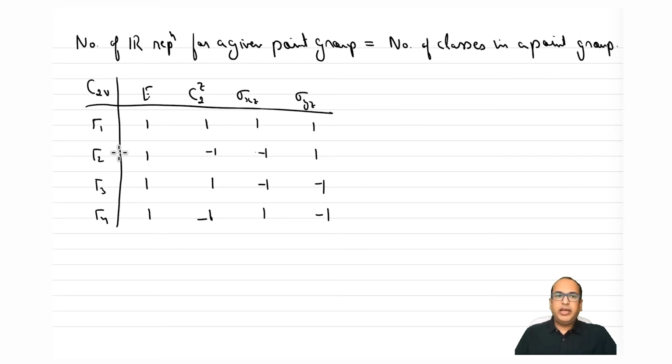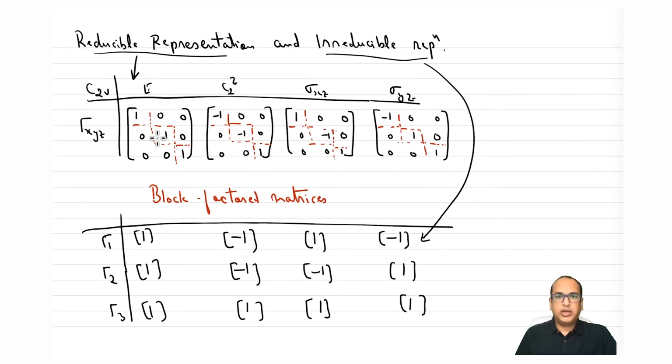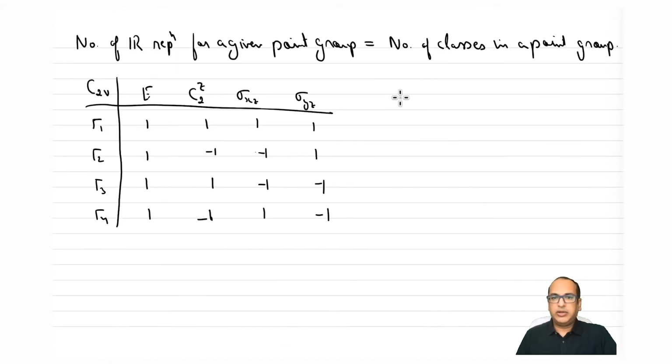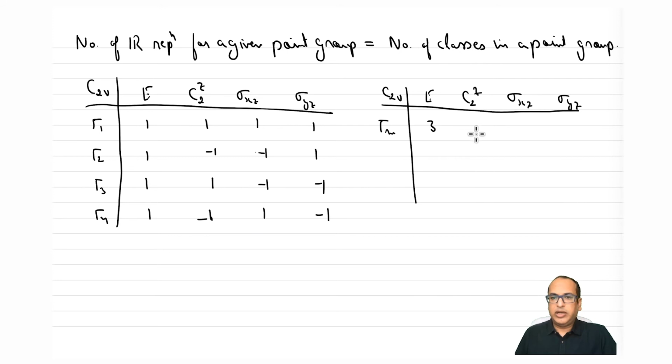There is another way. Let's also calculate the trace here. So the trace here will be 3 minus 1 plus 1 plus 1. Okay, so let's write down the trace over here. Let's call it tau m. So 3 minus 1 plus 1 plus 1.